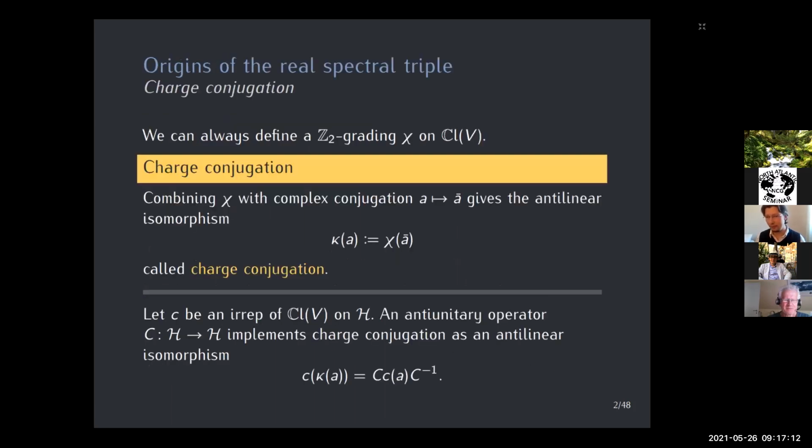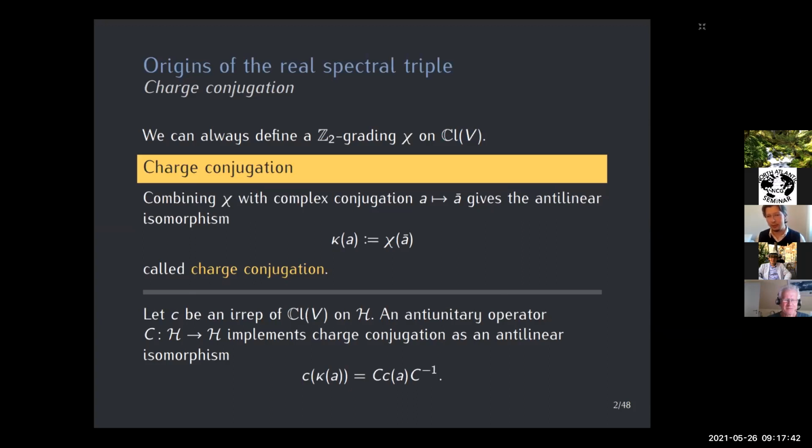So without any further ado, I think if you want to talk about spectral triples, at some point you have to get Clifford algebras out of the way. So we'll start there. For a complex Clifford algebra, you always have a Z2 grading. And if you compose this Z2 grading with complex conjugation, you get what's called charge conjugation, which I'm denoting here by kappa.